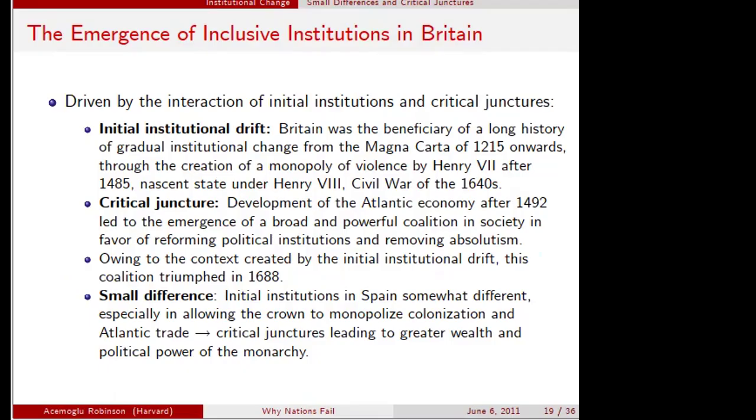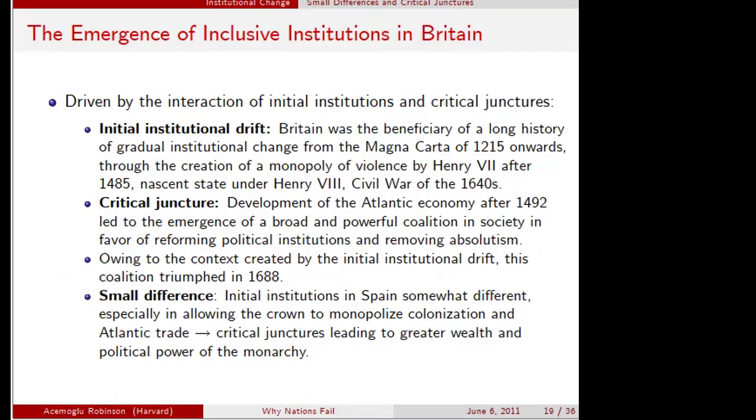So, talk about Spain. Spain also had Atlantic trade, arguably more spectacular Atlantic trade: the silver of Potosi, the gold of the Aztecs.